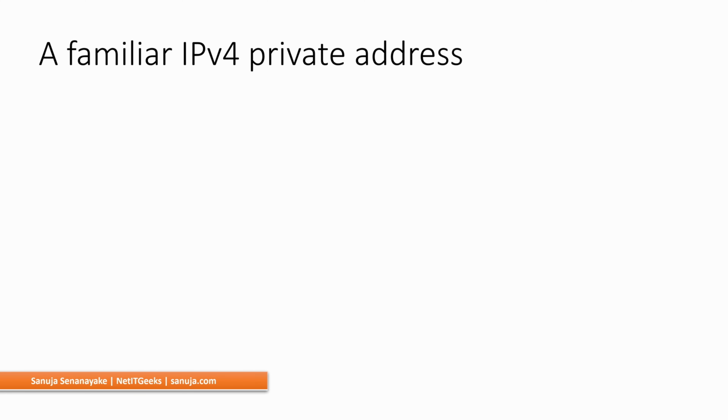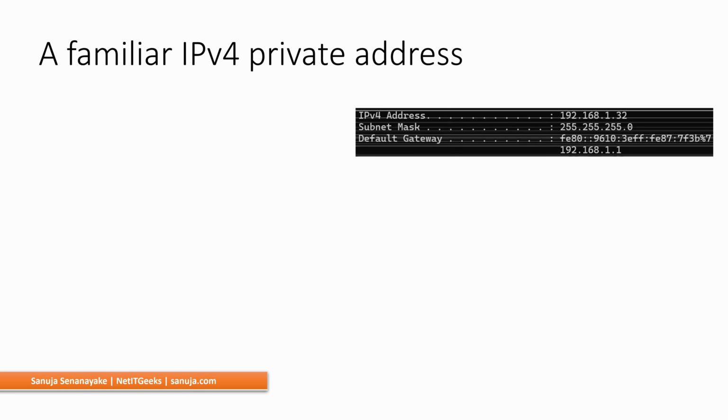A familiar private IP address: when I go onto my computer and type ipconfig on a Windows machine in command prompt, I get this information displayed on the screen. I have an IPv4 address of 192.168.1.32, a subnet mask of 255.255.255.0, and a default gateway of 192.168.1.1.